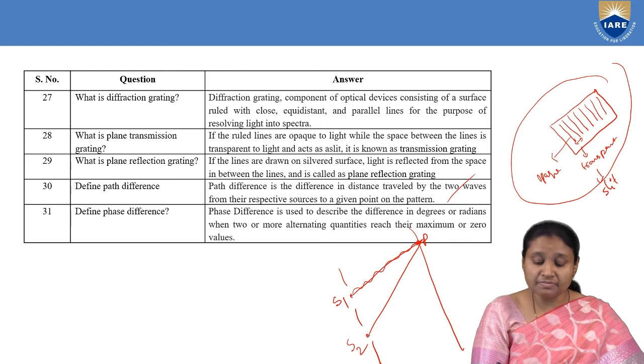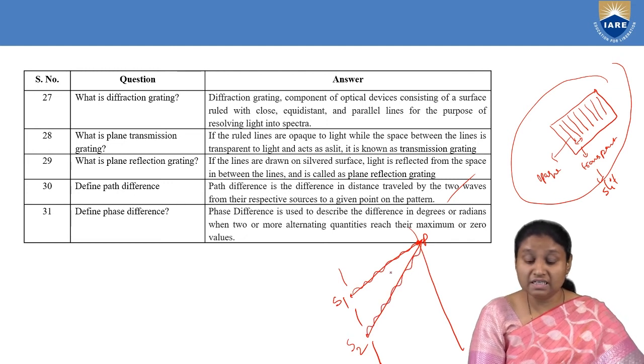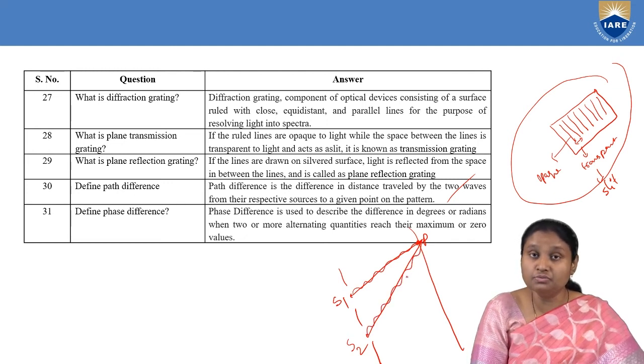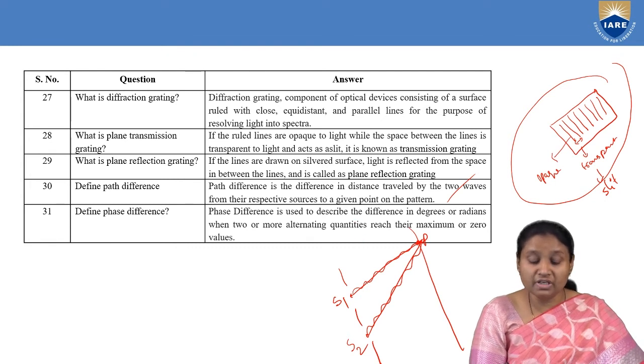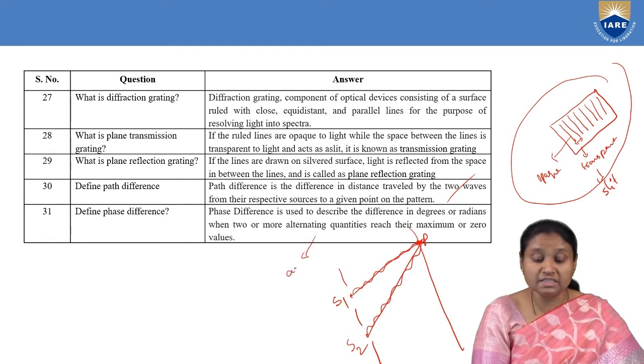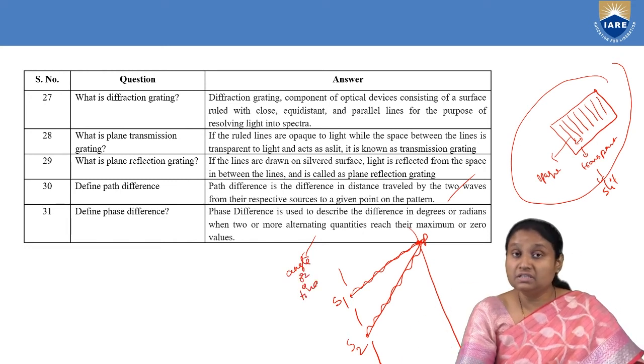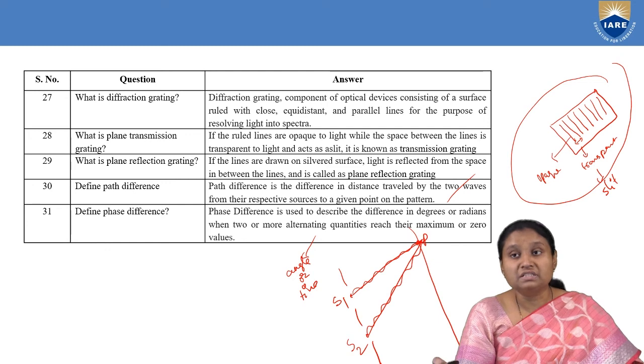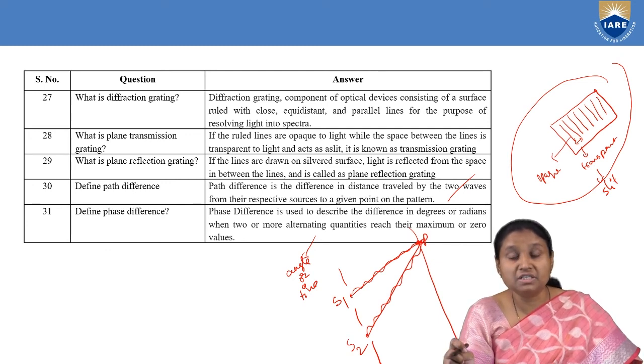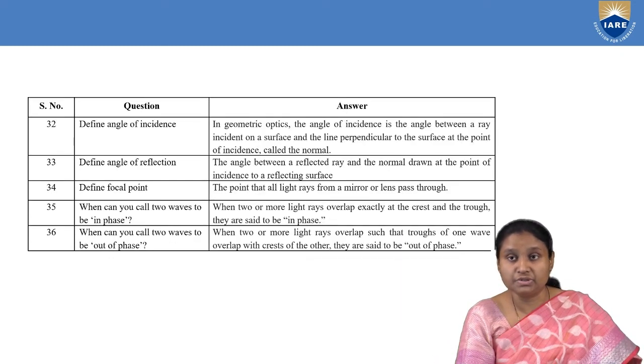The difference in distance traveled by these two waves to reach one single point on the screen is nothing but path difference. And what is phase difference? Phase difference is measured with respect to angle or time. Path difference is measured in terms of distance traveled, whereas phase difference is measured in terms of angle or time interval.